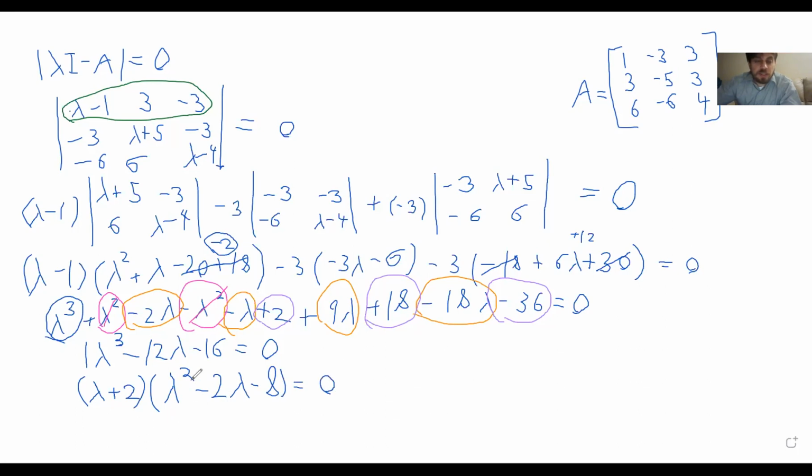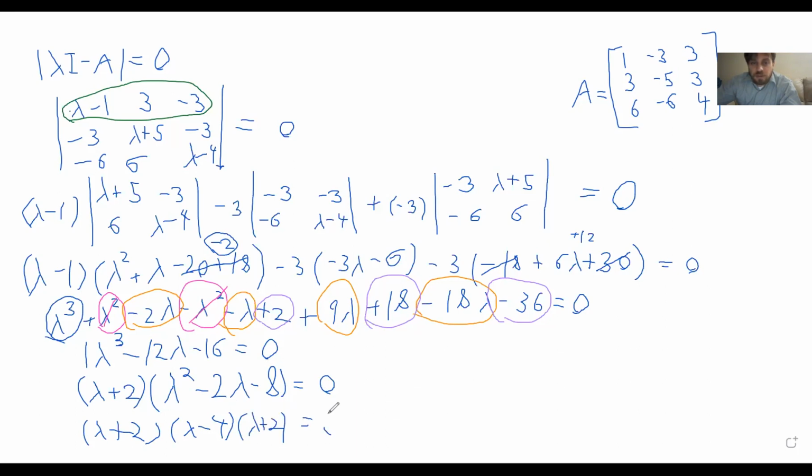Okay, and it's still equals 0. So now you just have to factor this, and this factors to lambda minus 4 times lambda plus 2. So you get, this is the lambda plus 2. And then the other polynomial factors to lambda minus 4 times lambda plus 2.